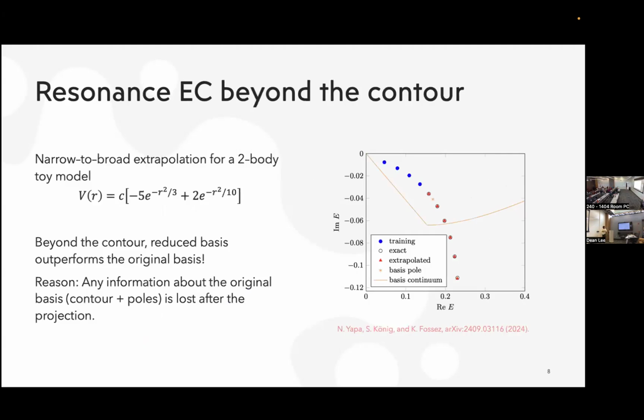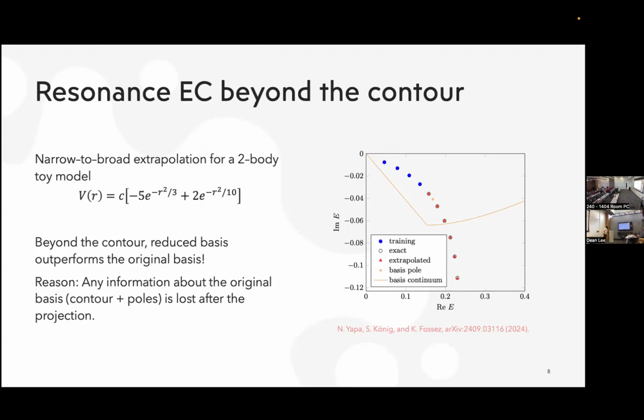Okay, so one of the first applications we found regarding this eigenvector continuation is using narrow bound states, narrow resonances to extrapolate broad resonances. Here I'm just showing you a toy model, a two-body toy model. So not only can you extrapolate these broad resonances, but you can go even below the contour of the basis.